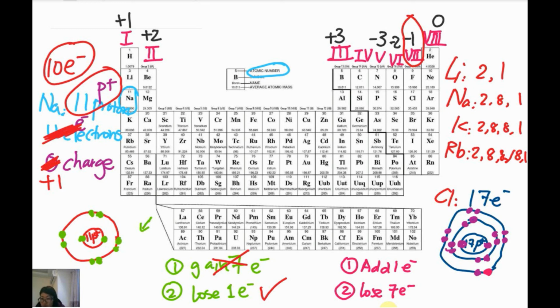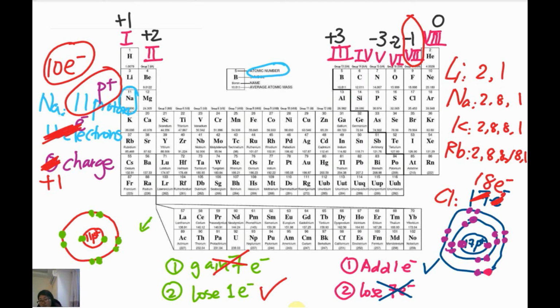But which one do you think is easier? Of course, it is choice 1. You have to deal with only 1 electron instead of 7. So that's why you're going to gain 1. After you gain 1, this one is no longer 17, it's 18 electrons in total.